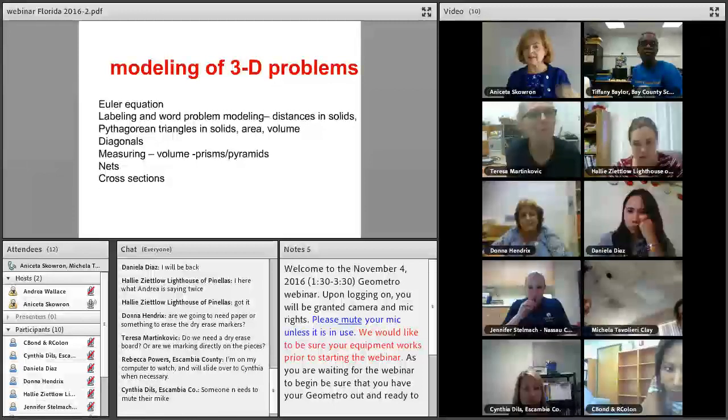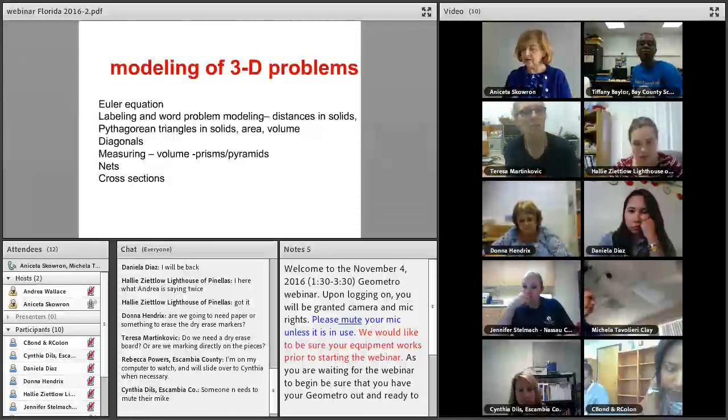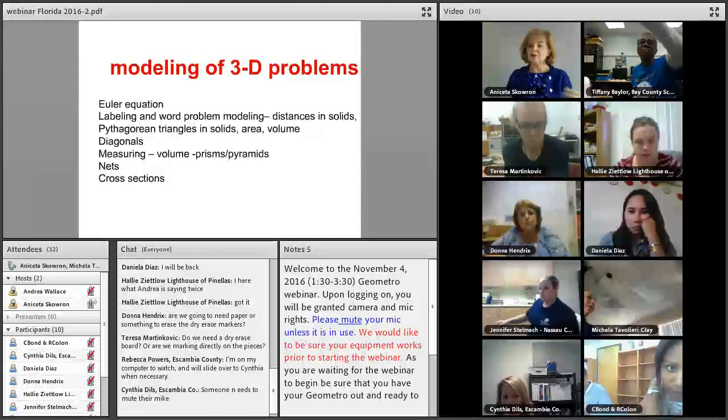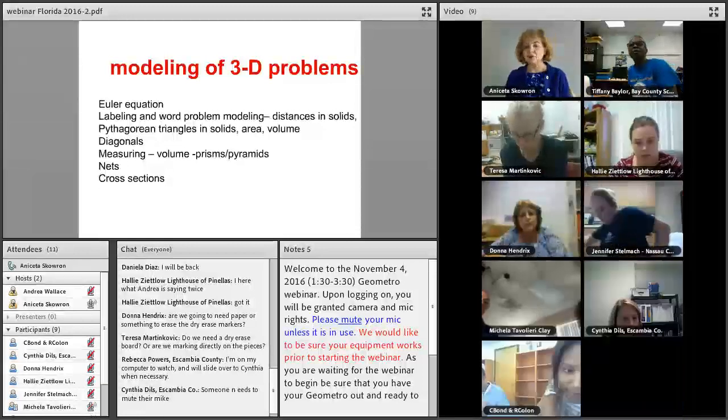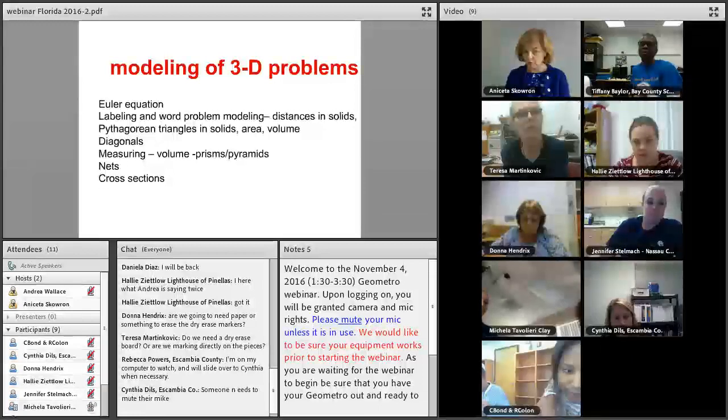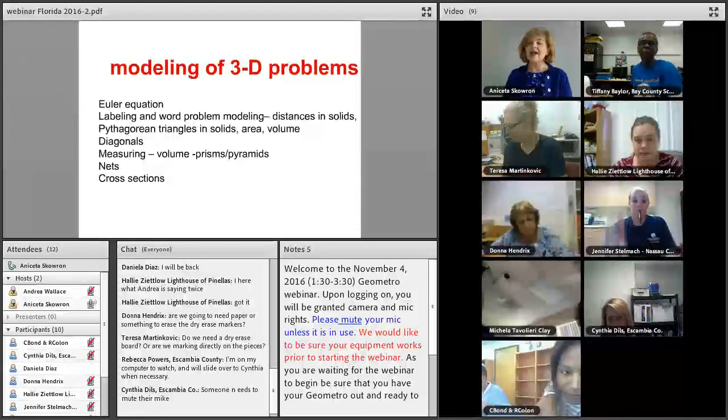That will involve making Pythagoras triangles and getting ready to explore area, so getting all the distances ready for the formula, and the same with volume. Then we will talk a little bit about diagonals and show diagonals. We will talk about directions in solids, and then I will show you how to directly measure volume of prisms and pyramids. Then we will touch on nets of 3D solids and cross sections if time allows.